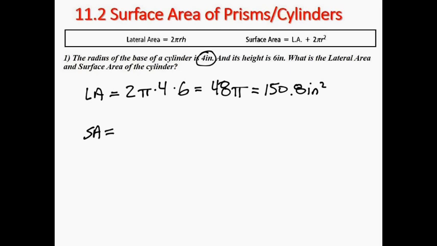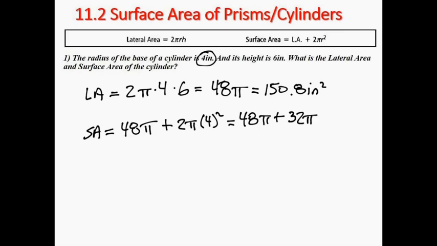Now, let's find our surface area. The surface area formula tells us to take lateral area plus 2 pi r squared, or 2 times the base area. So we have the lateral area already, and I'm going to use the one in terms of pi, plus 2 pi times our radius squared, which in this case is 4 squared. 4 squared is 16. 16 times 2 is 32.